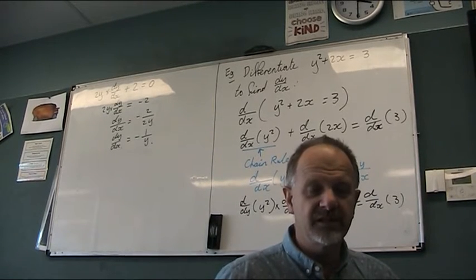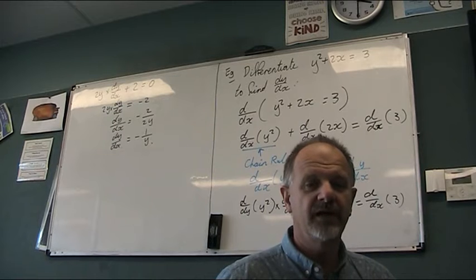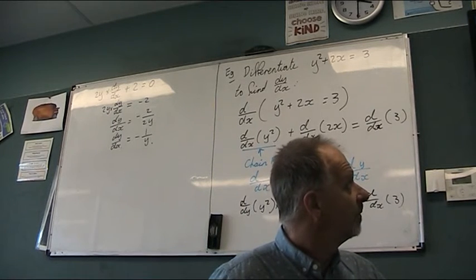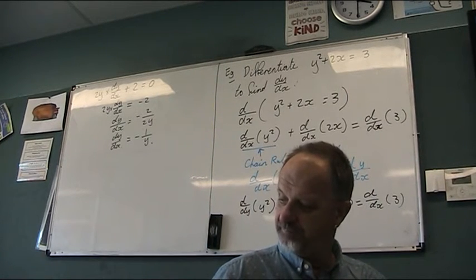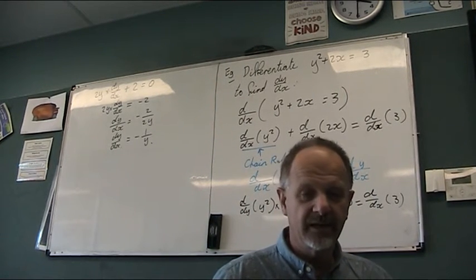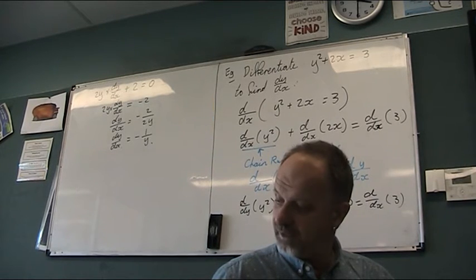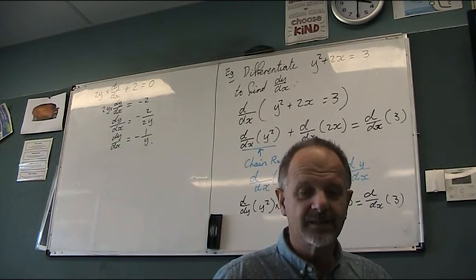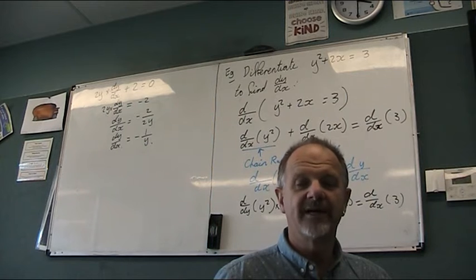However, implicit differentiation. So if you go action, calculation, a whole bunch of stuff here. Second one on the left, imp diff. If we imp diff y squared plus 2x equals 3, then we get y dashed.